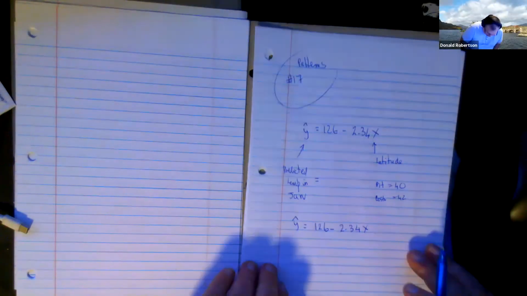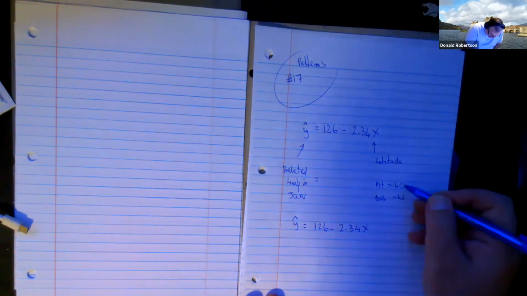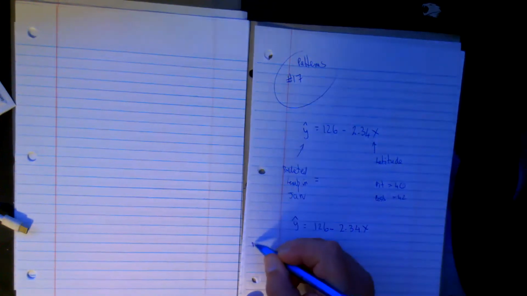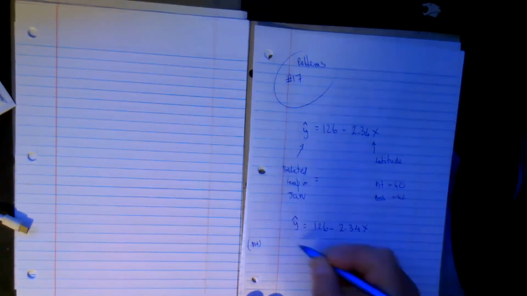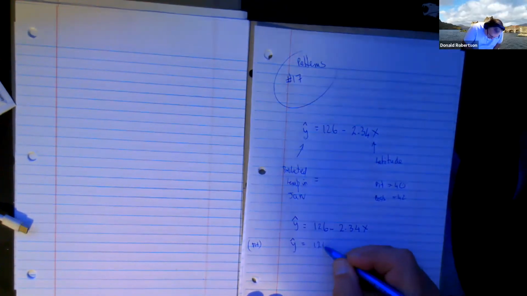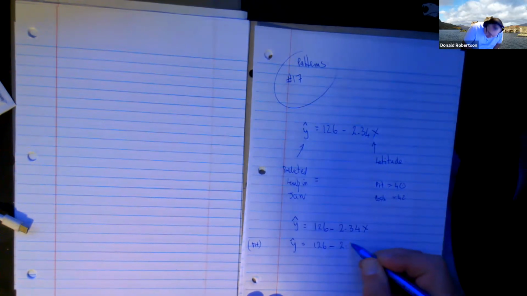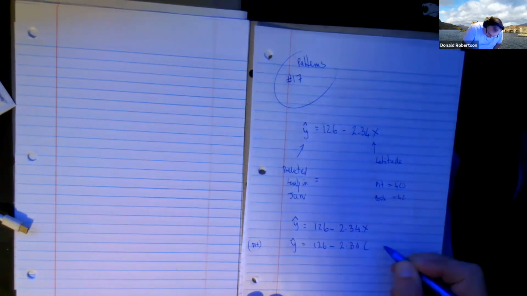This is the gist of the question. So let's take Pittsburgh first. Its typical January temperature, predicted at least, is going to be 126, take away 2.34 times 40.